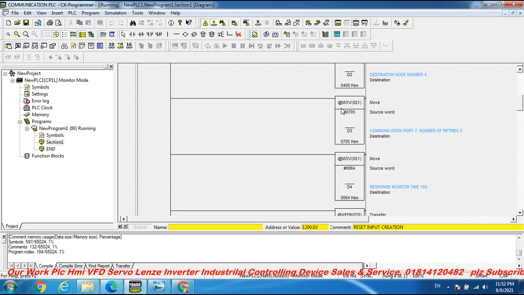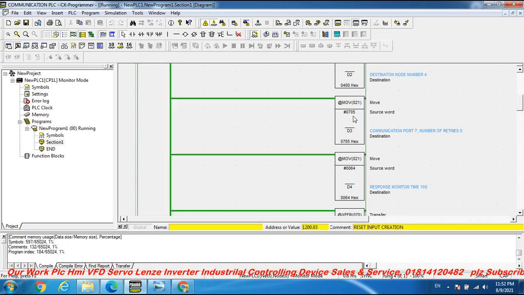And friend, move #0705, and destination D3. The communication port is 7, address 707, and the number of retries.